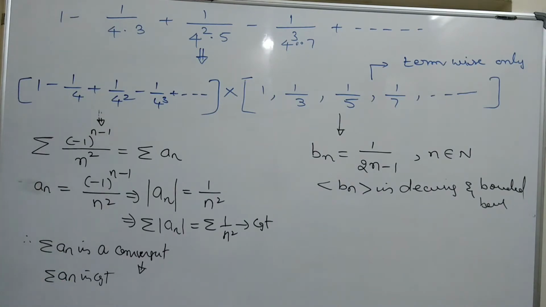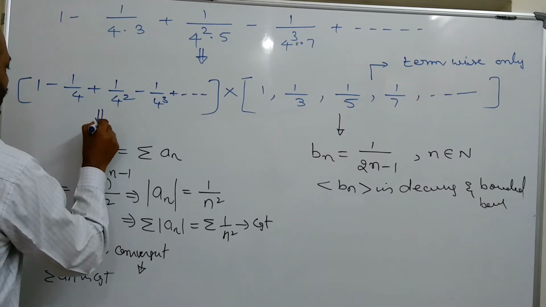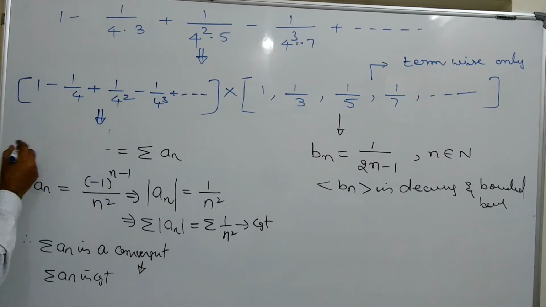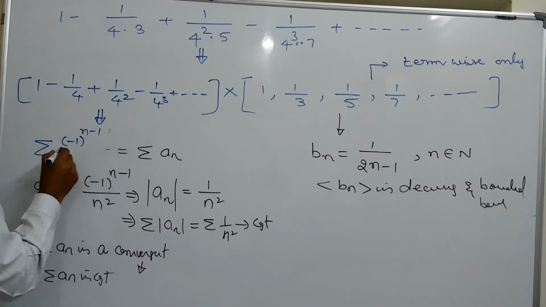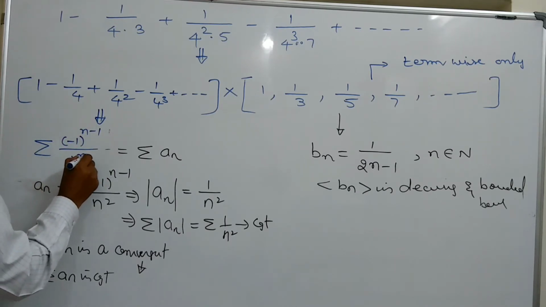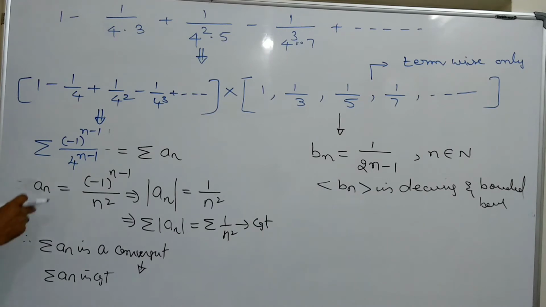Here you observe that this series can be written as summation (minus 1)^(n minus 1) divided by 4^(n minus 1).